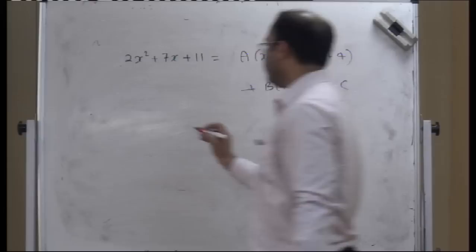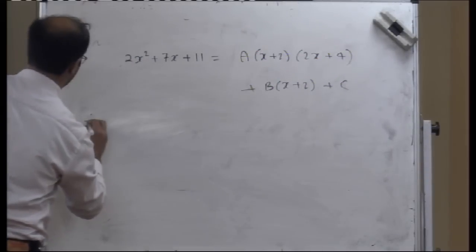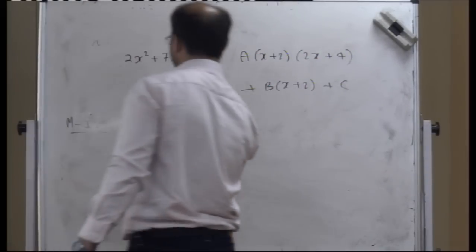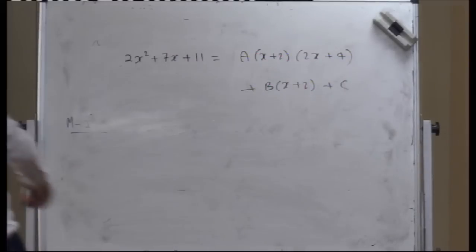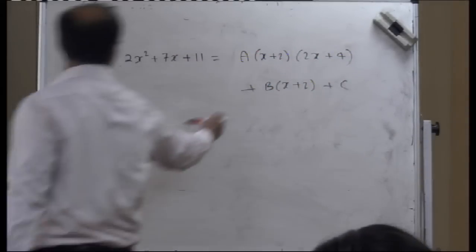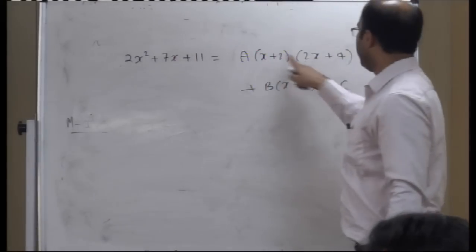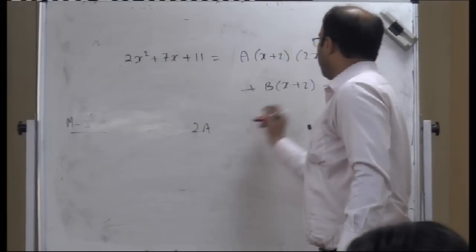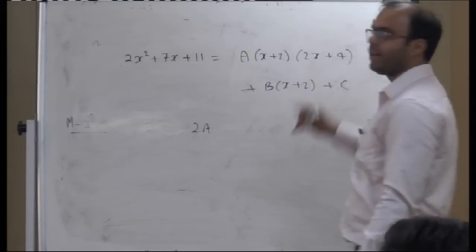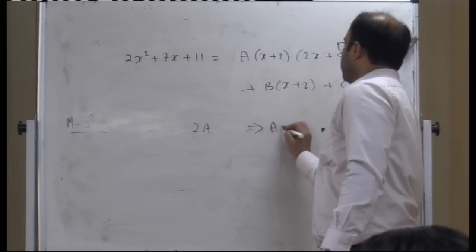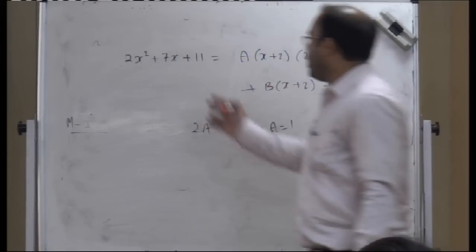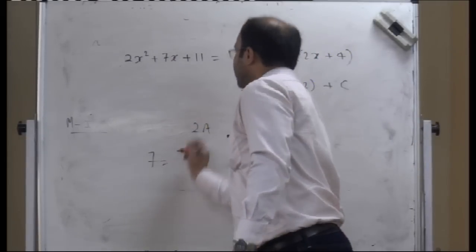Method 1: you take the x square coefficient, 2 here, and on the other side, 2a, since there is no x square in the other terms. So 2 equals 2a, that means a equals 1. Next take the x coefficient, 7.